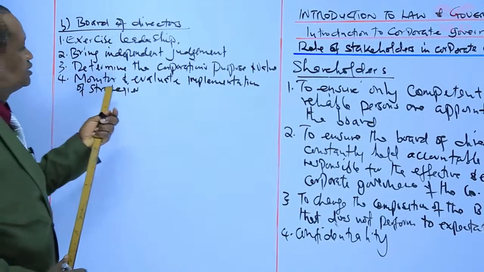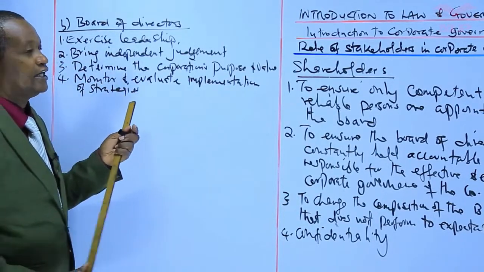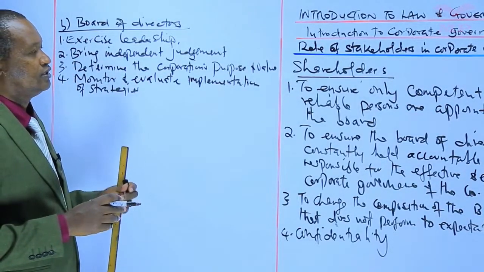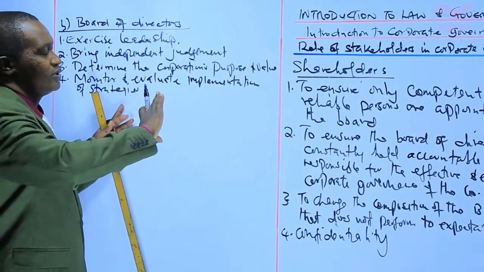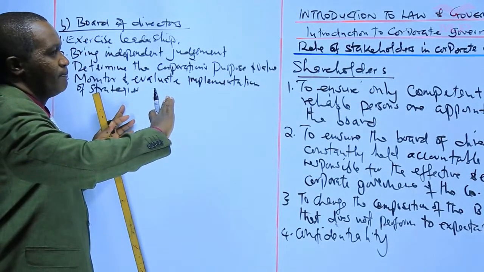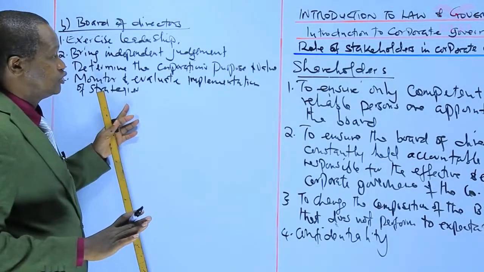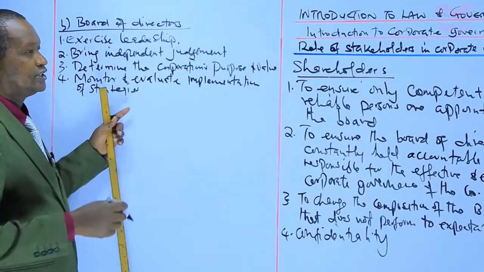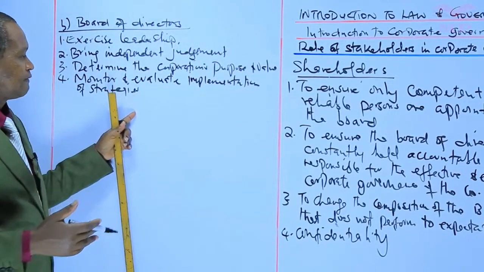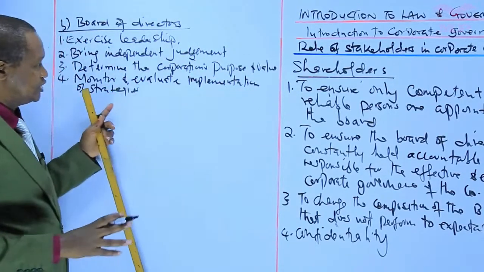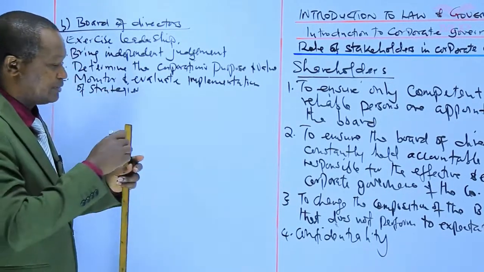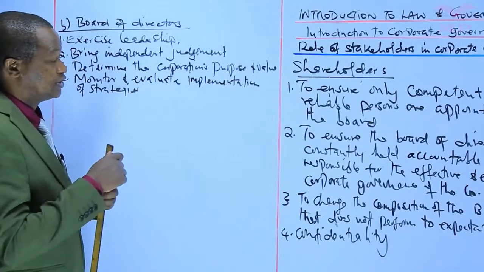First of all, the board envisions. The board envisions or comes up with what we call a picture of what the company should be in future. The board determines the strategic direction of the company. The board develops strategies, and then the strategies are to be implemented by the management on a day-to-day basis.